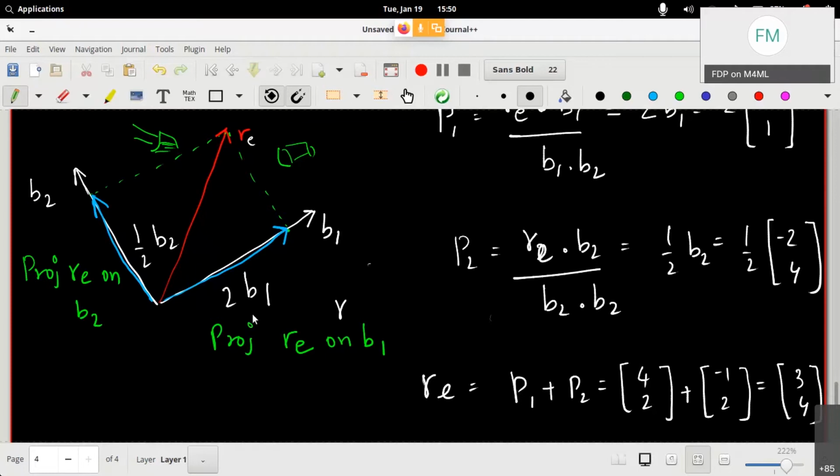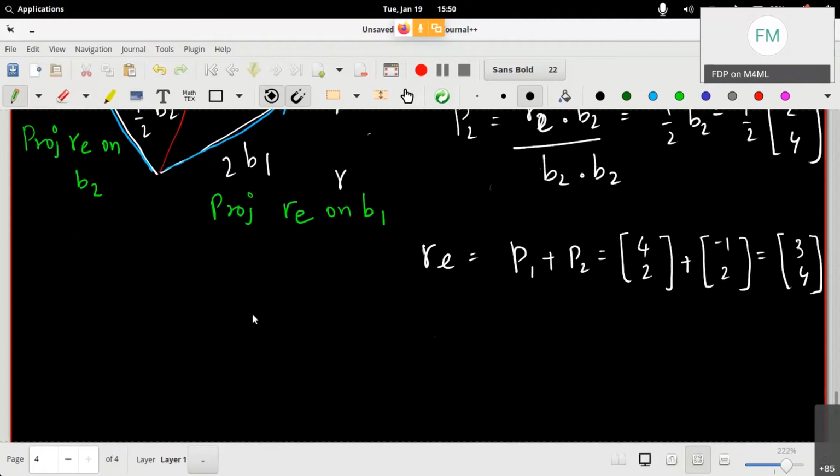So it holds good. Even if you change the basis, the vector has no influence on that. We could do the same thing for RD, but I just don't want to do that math. I just want to show you that it would end up in 2 and 1/2.